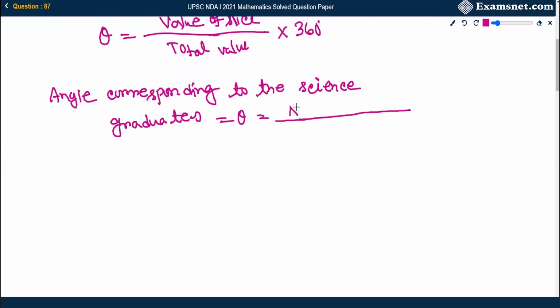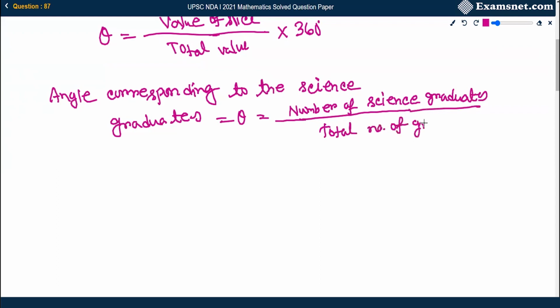Okay, so number of science graduates over total number of graduates, multiplied by 360 degrees.